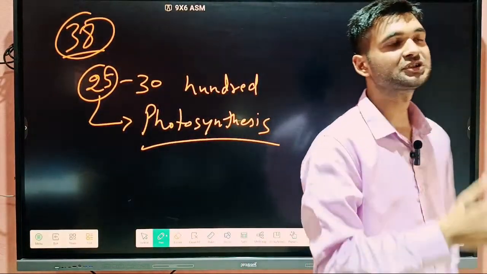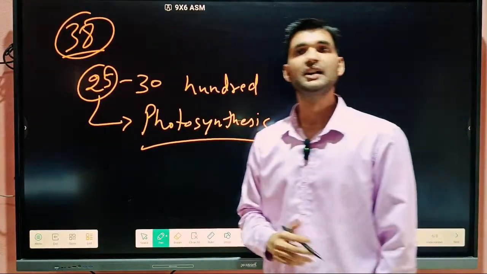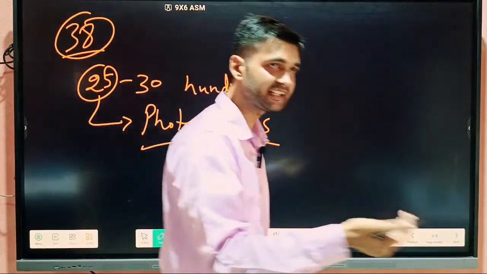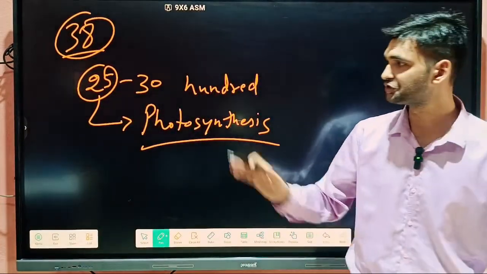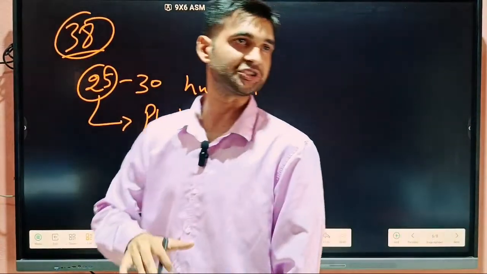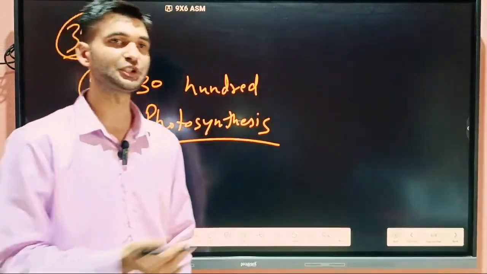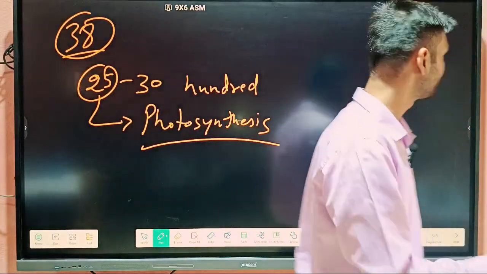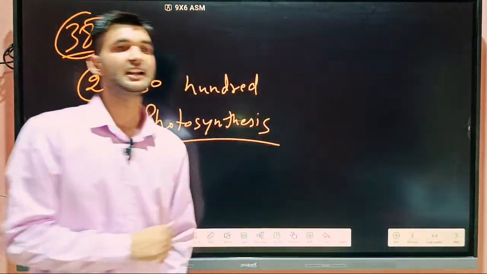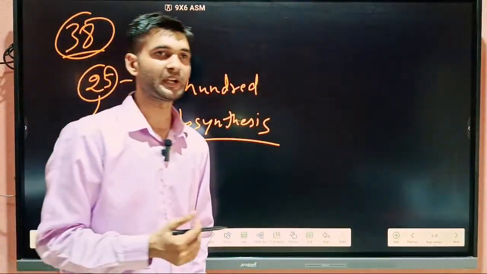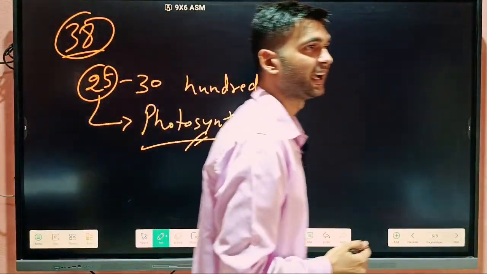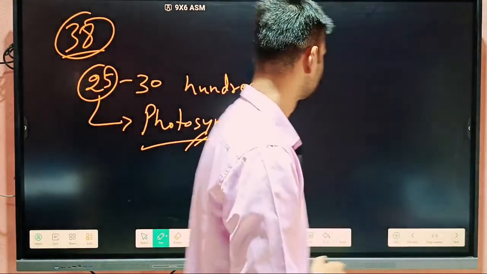So what happens in photosynthesis? In the process of photosynthesis, plants take CO2 and release oxygen. CO2 was already in abundance in oceans, so there was no shortage of CO2 in water. Due to excess of CO2 in water, those plants could flourish. And after the flourishment of those plants, photosynthesis took place more rapidly and they released more oxygen.